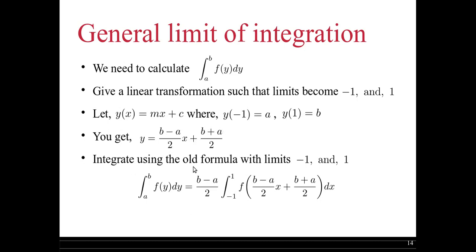Then integrate using the old formula with limits -1 to +1, because I can write this integration with this transformation: instead of y I write this, and instead of dy I write (b-a)/2 dx, and my limits will be changed to -1 to +1. Then I can easily use this formula, writing x_i's instead of x here, and our integration will be done.